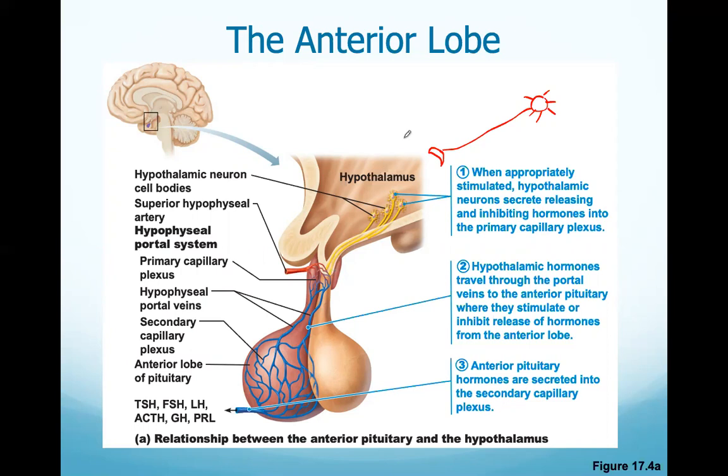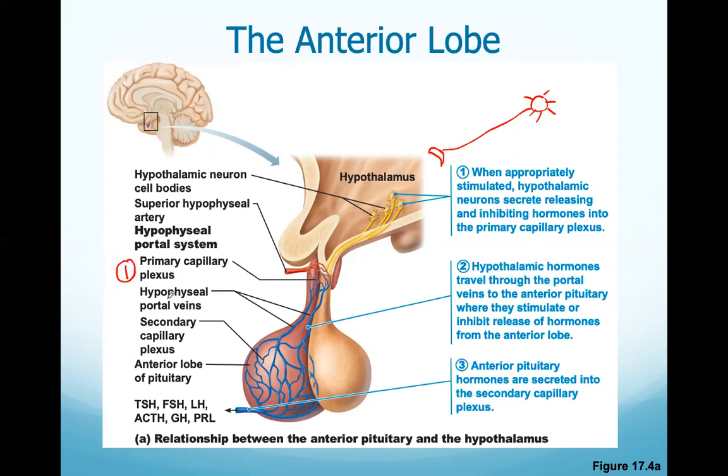So when these neurons notice a requirement for the release of a hormone, because they're basically monitoring the changes in the body, when they notice that there should be a hormone at a higher level in your system, these neurons get activated, they get excited. They send an electrical impulse down through the axon, which reaches the axon terminal. Now, these axon terminals are connected to a capillary network right here, identified as the primary capillary plexus.